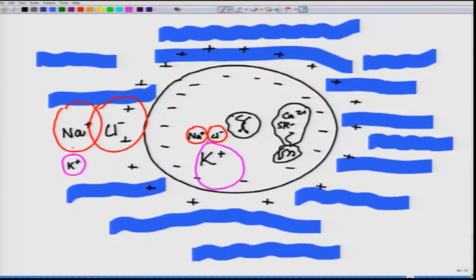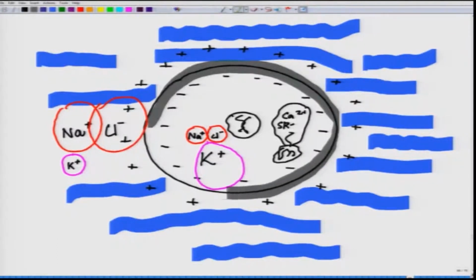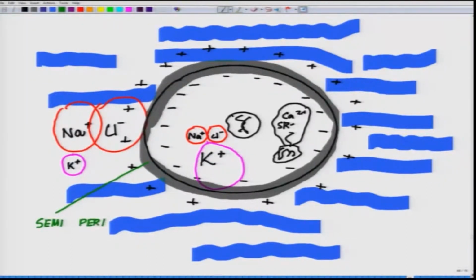Now, the third aspect important for people to appreciate is the cell membrane we are talking about. It is a semi permeable, porous membrane.